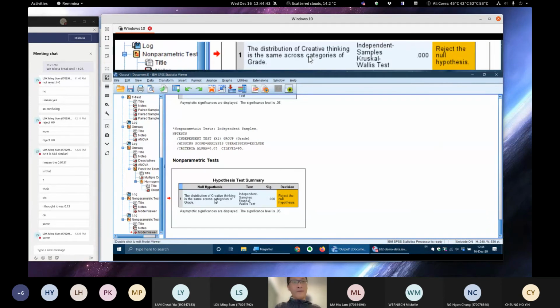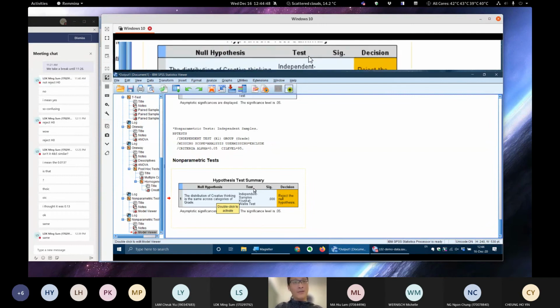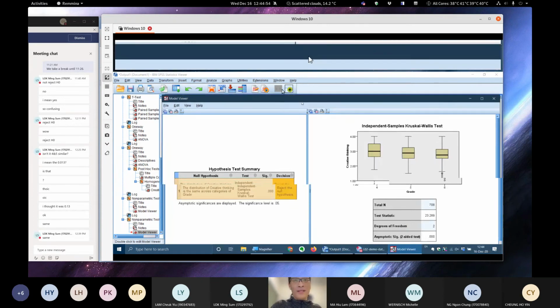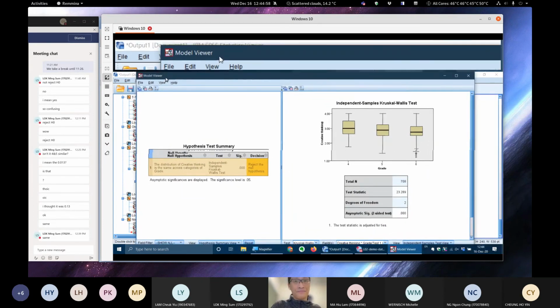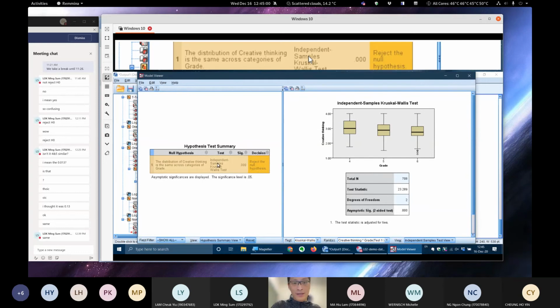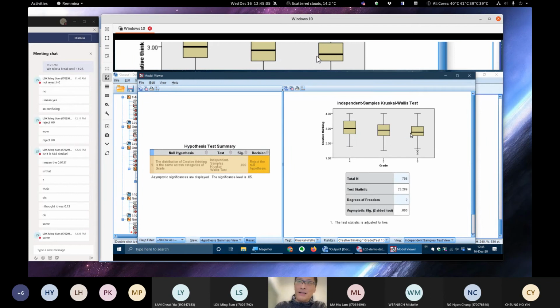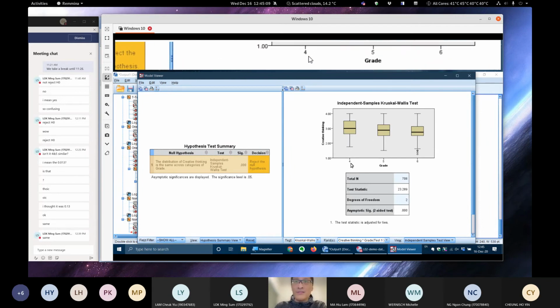But for this one, don't worry, we can still get the post-hoc test result, you only need to double-click on the table here. You double-click on this table, and then you get another dialog with the conclusion on the left-hand side. On the right-hand side, you see the box plot. From here, you already know that grade 4 students seem to be different from the other grades.